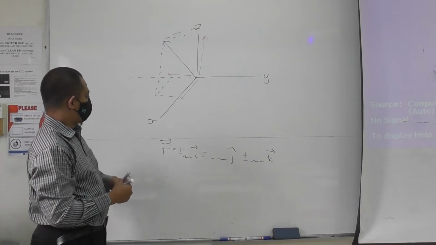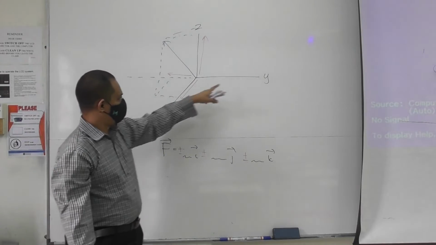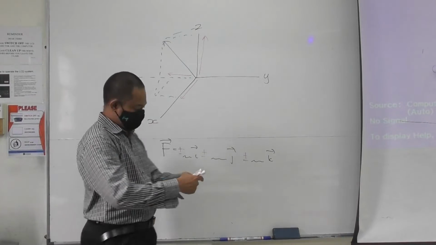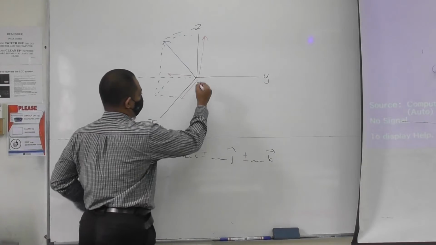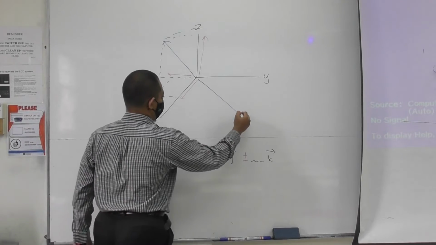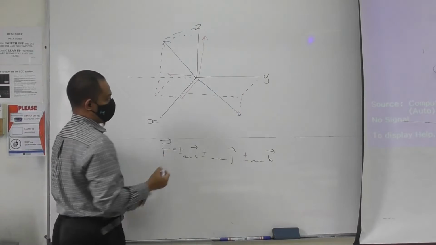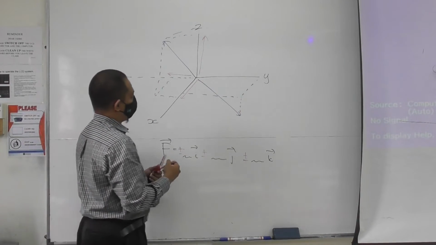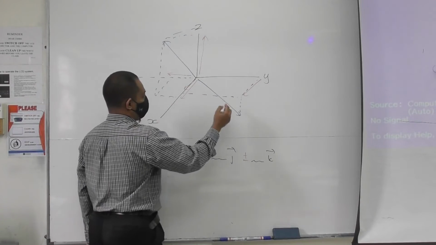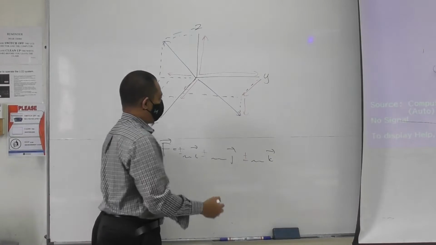So in this case, you can see that the x component is positive, the y component is negative, because positive is here, so negative, and the z component is positive. If you have another force here, for example, something like that, meaning the x component is still positive, the y component is positive, but the z component going down is negative, right?